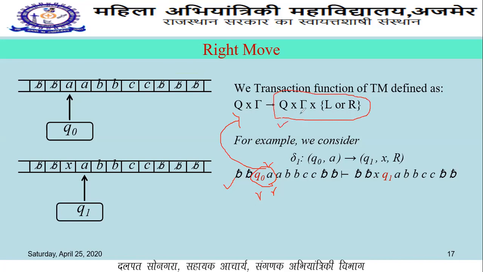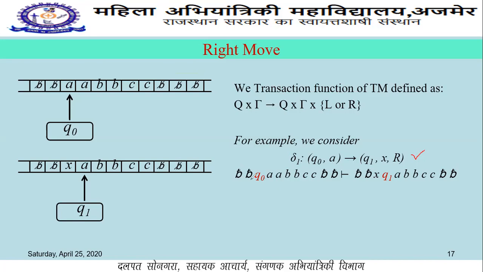It overwrites the current symbol at the tape by this tape symbol. Okay, and after overwriting this current symbol by this new tape symbol, we move either left side or right hand side. So here we consider one dummy transition function.